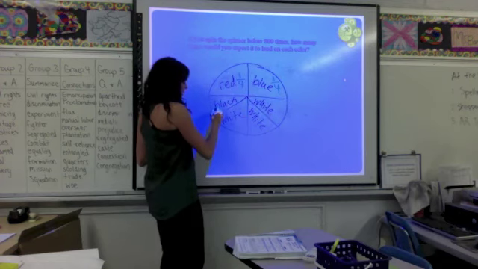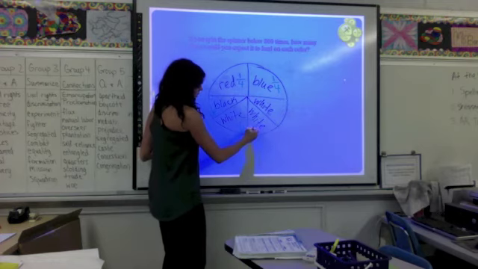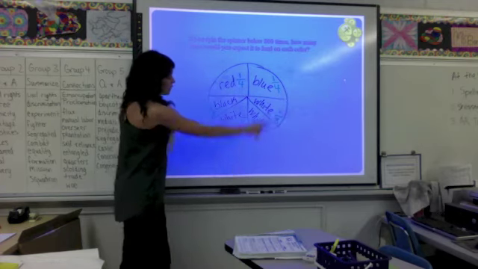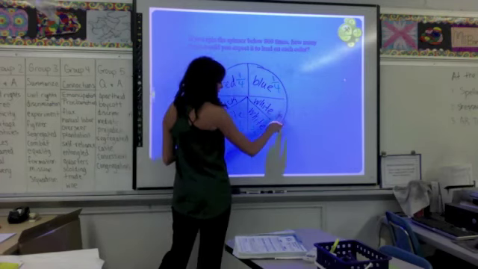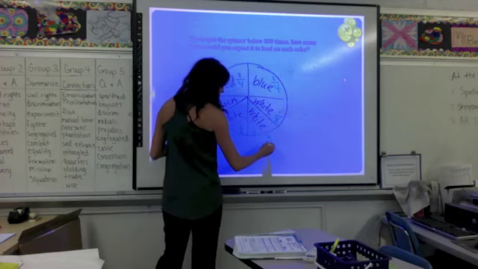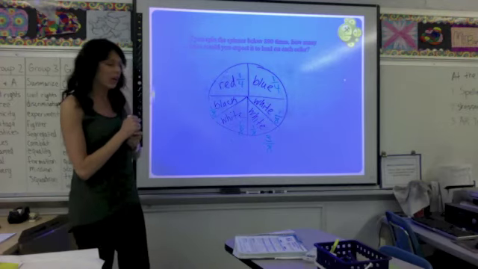So I know that black represents 1/8, white represents 1/8 each time. Okay? If I put all of these together, these 3 whites, I would have 3/8. So you can solve it whichever way you choose. All right, good luck.